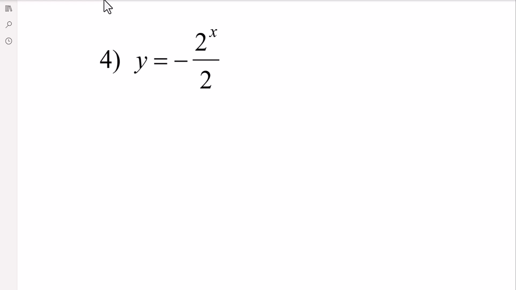I don't really like this a whole lot. So we're going to swap the x's and the y's. We need to get this by itself. So I'm going to think about this as it's saying -1/2 times 2 to the y.